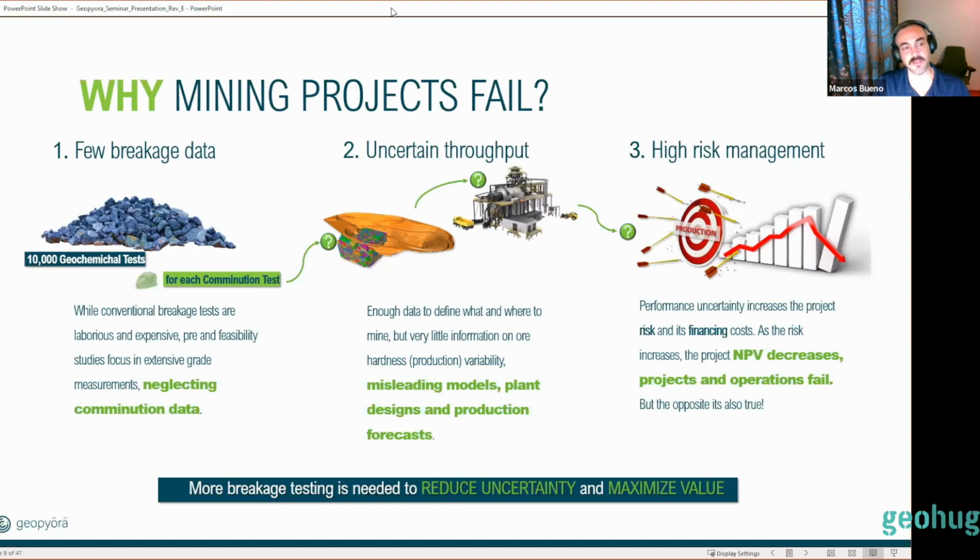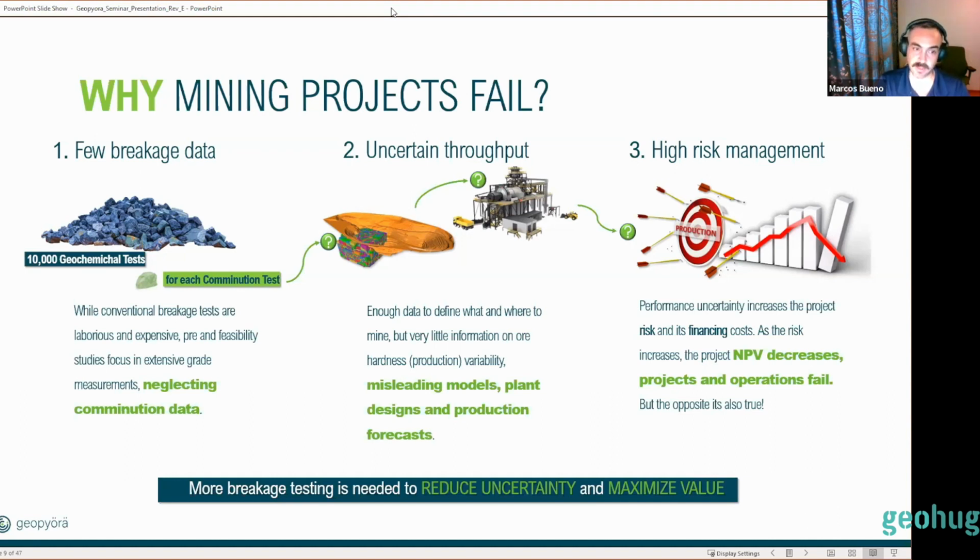Here in a summarized way, usually in mining projects, we test tens of thousands of geochemical assay tests, and we've been looking very closely at this figure. We have been compiling a database of feasibility studies, of all feasibility studies published under the NI 43-101 and JORC code, both on the ASX and the Toronto Exchange as well.